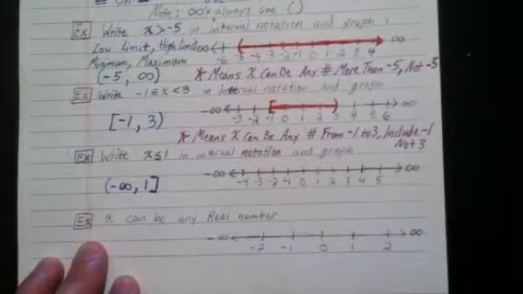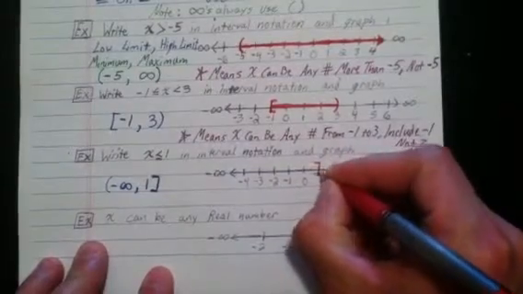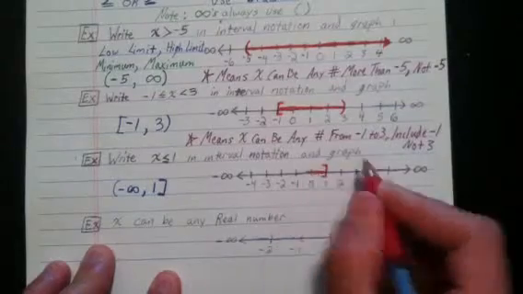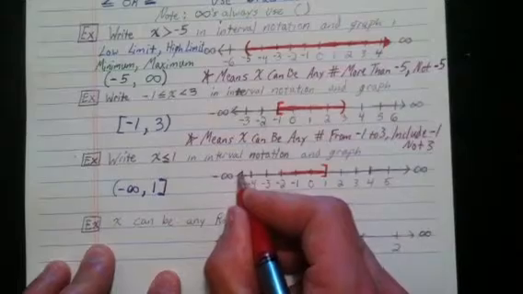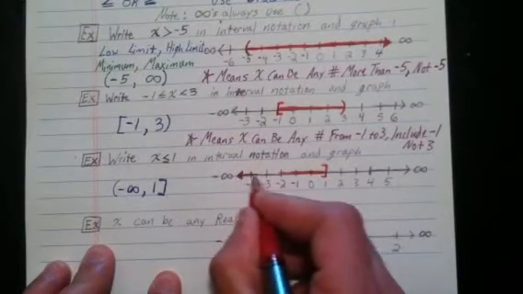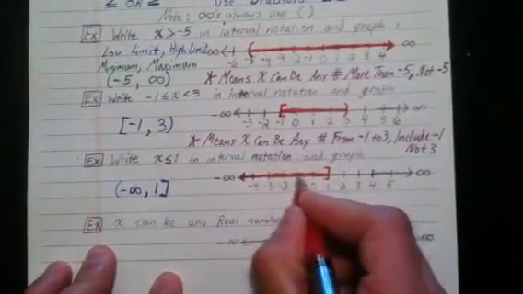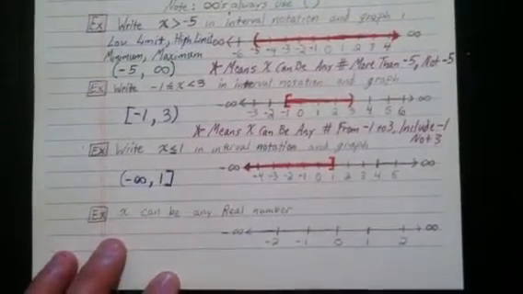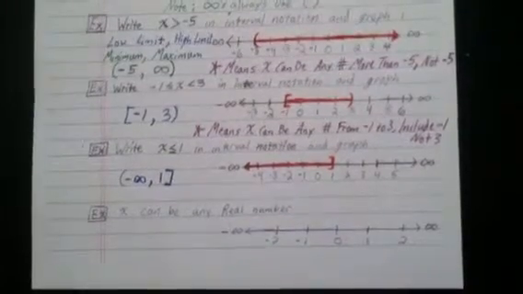Graphing this would be a bracket at +1, and then x can be any number less than that or equal to it. So less than means we have to shade in everything to the left, including the arrow, meaning going on forever towards negative infinity. Oh, sorry, let me write this in again.